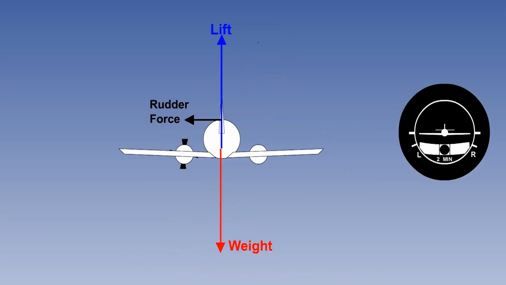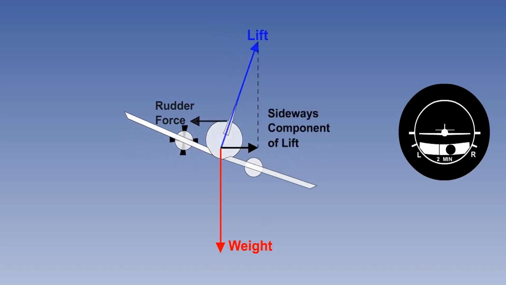It is more aerodynamically efficient to balance the rudder side force by banking towards the live engine, so that lift gives a lateral component to oppose the rudder force. The bank angle must be restricted to 5 degrees to prevent significant reduction of the vertical lift component.